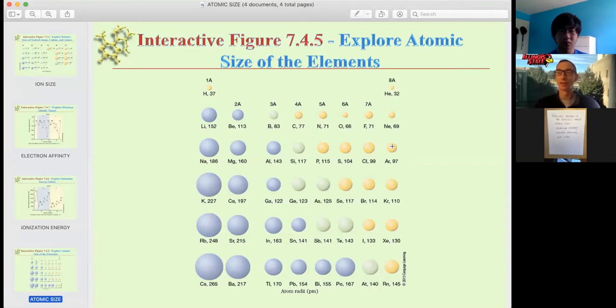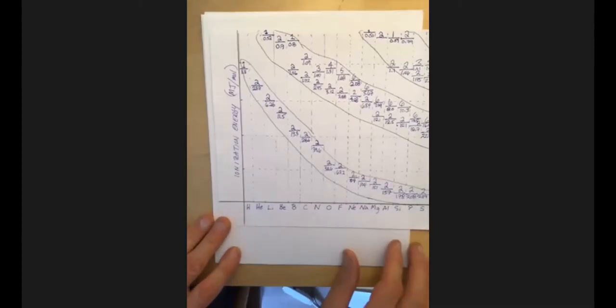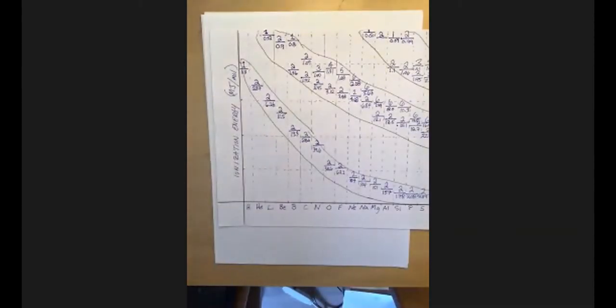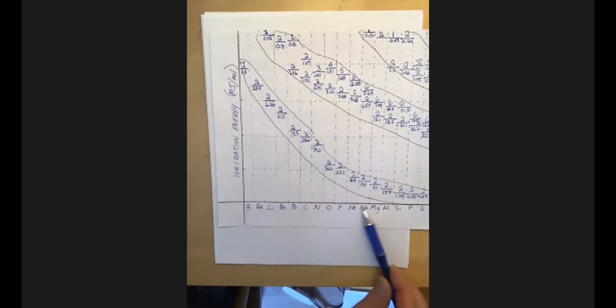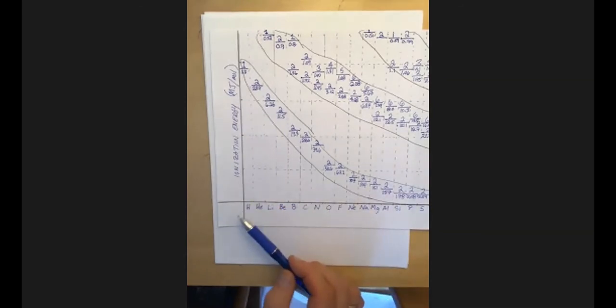there are some specific reasons for that, but before we get into those specific reasons, I want to show you how that is consistent with what we did with photoelectron spectroscopy. The photoelectron spectroscopy table that we had before, or the graph. And what I want you to imagine for a second is that down here, along the bottom of the periodic table, is the center of the atom.